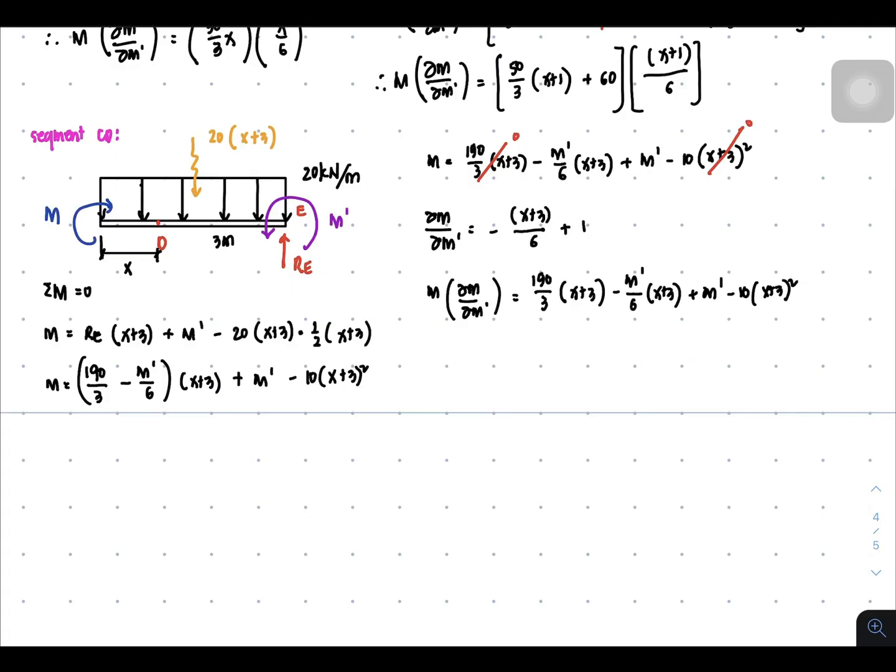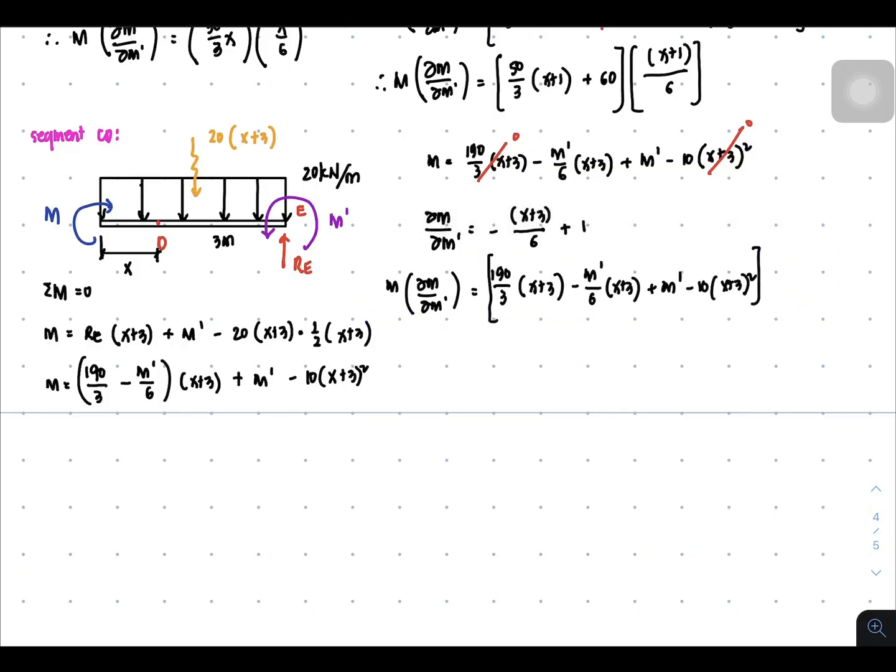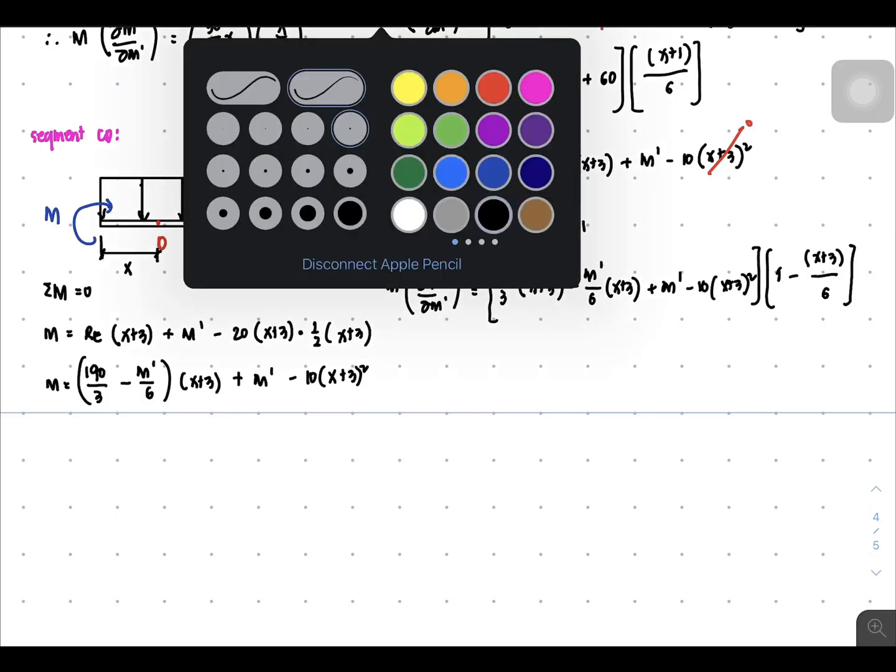And do not forget to multiply them. So can I just transfer them a little bit closer here, since we will be having the next one, which is 1 times, I'm rearranging by the way, x plus 3 over 6.